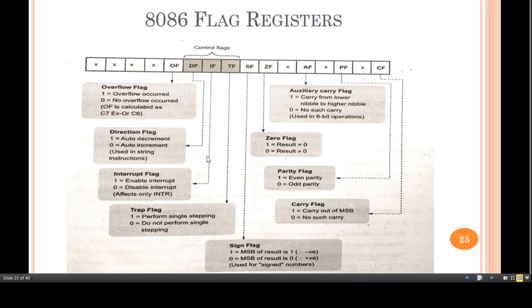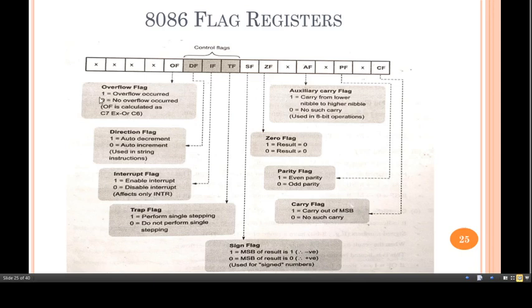Then SF, sign flag. If the MSB of the result is 1, that means the result is negative in case of signed numbers, then the flag is set to 1. And if the MSB of the result is 0, that means the number is positive in case of signed numbers, then this bit is 0. And the last status flag is overflow flag, OF.